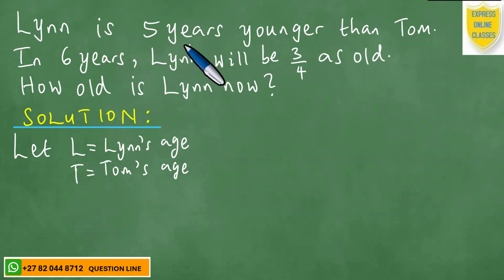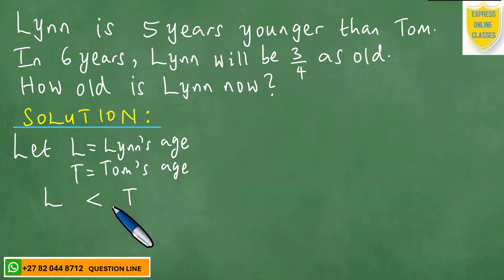Now, Lynn is 5 years younger than Tom. So we are comparing the ages of Lynn and Tom. We know that the age of Lynn is smaller than that of Tom, because Lynn is 5 years younger.